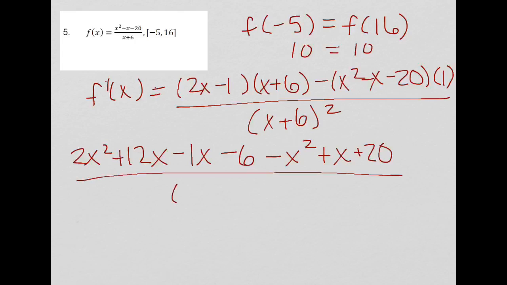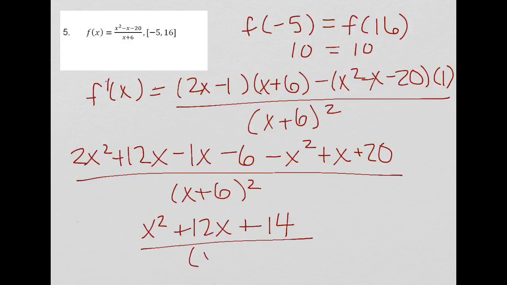So I believe I get this, which means I get x squared plus 12x plus 14, over x plus 6 squared.